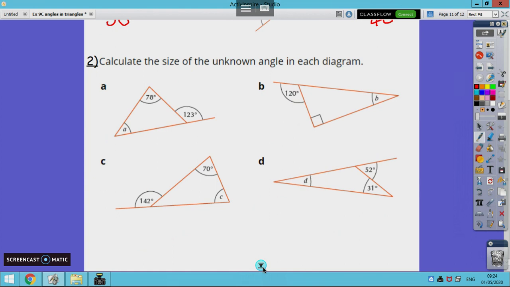Now, 2A, we're going to do first of all. You've got an angle of 78 degrees at the top there, and then you've got 123 degrees outside the triangle. So I want you to think about how we can find A if we don't have that angle on the inside here. Well, we need to find that angle before we do find A.